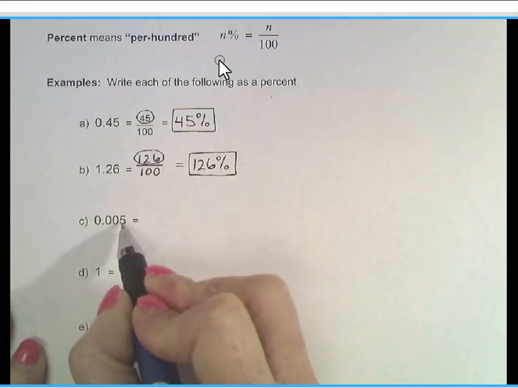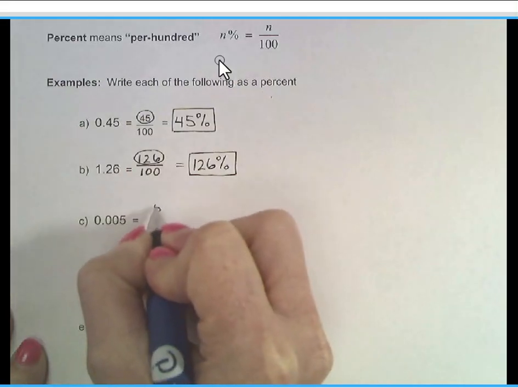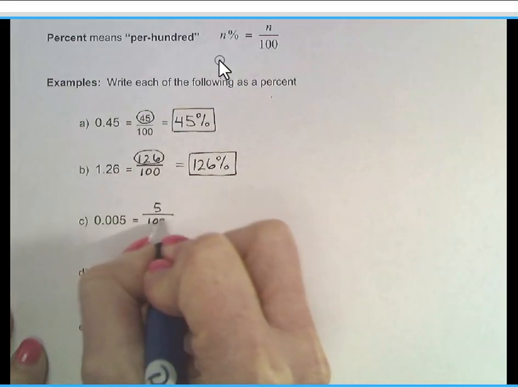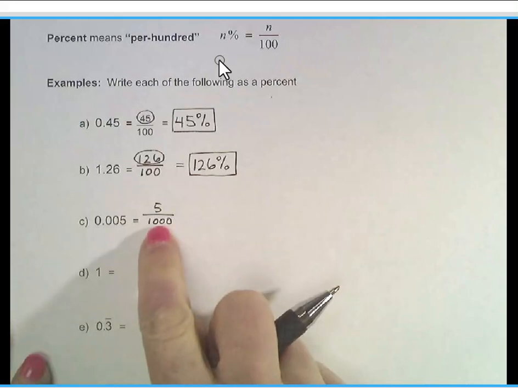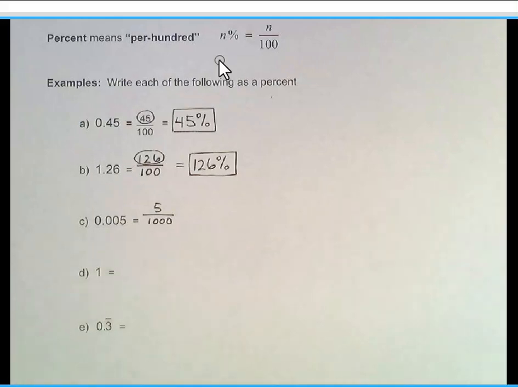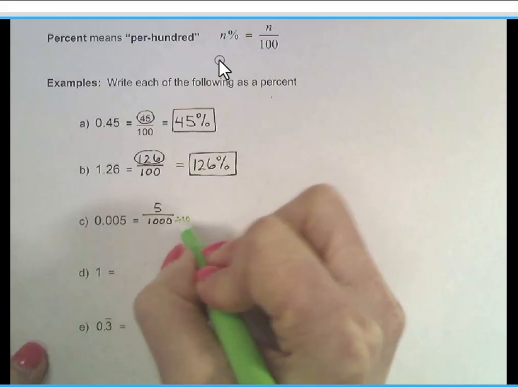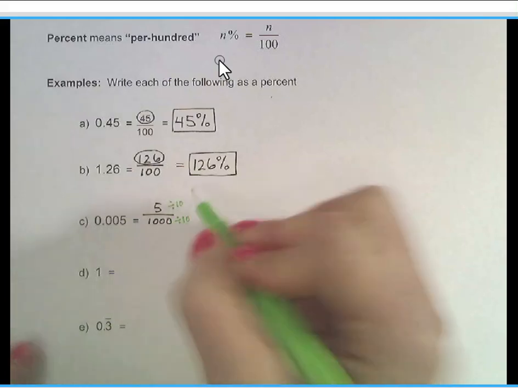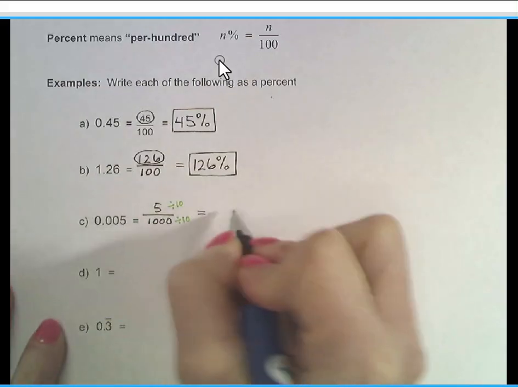Now what about this one, 0.005? That 5 is sitting in the thousandths place, so that is 5 thousandths, which is great. We wrote it as a fraction, but if you want to write it as a percent, it needs to have 100 in the bottom. So the way that we're going to get 100 in the bottom is we're going to divide by 10. But if we divide by 10 on the bottom, we have to also divide by 10 on the top. And I'm going to use some decimals here.